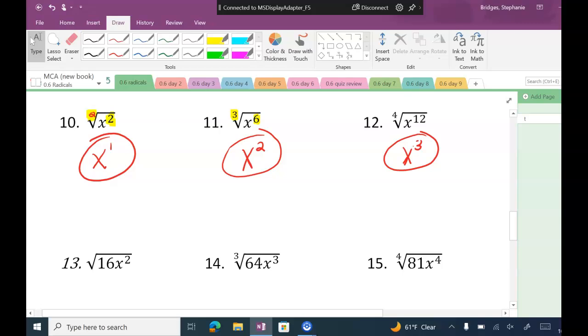So for 13, I'm looking to simplify the square root of 16x squared. For 14, it is the cube root of 64x to the third. And for 15, it is the fourth root of 81x to the fourth.